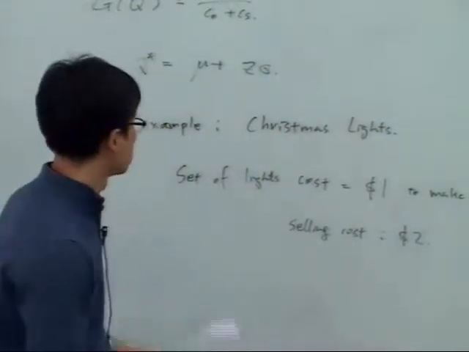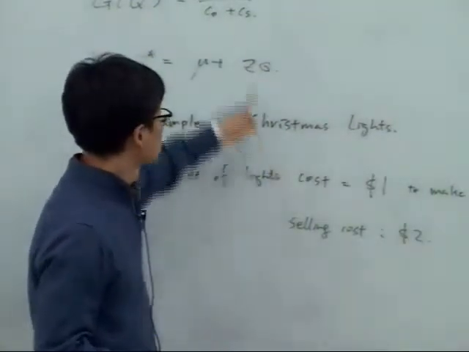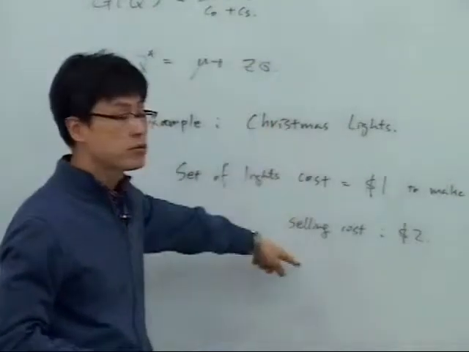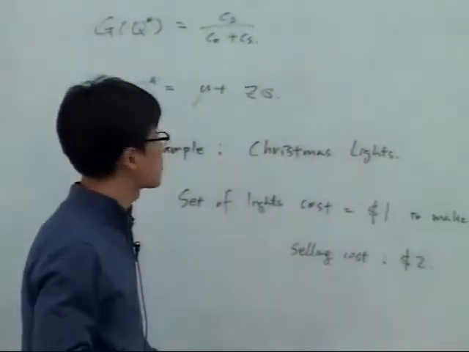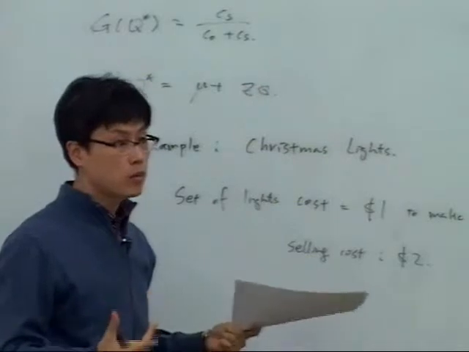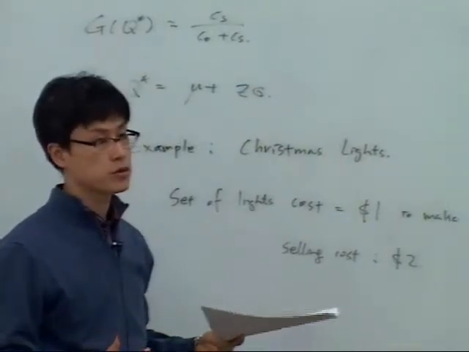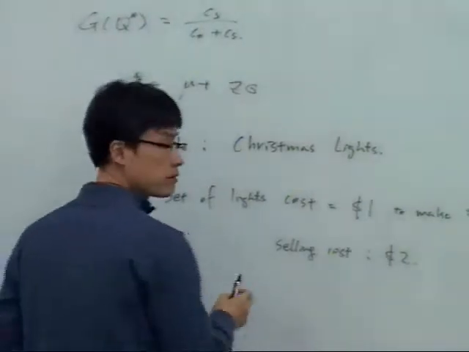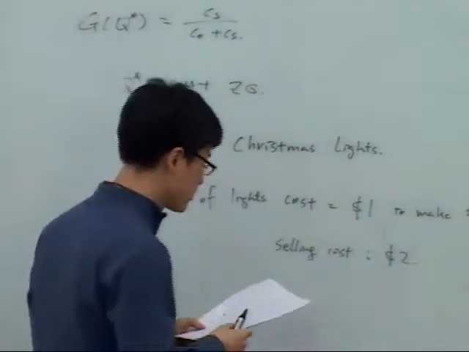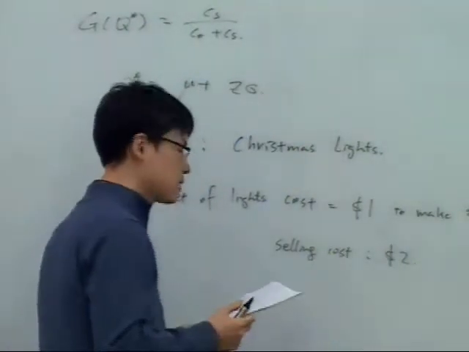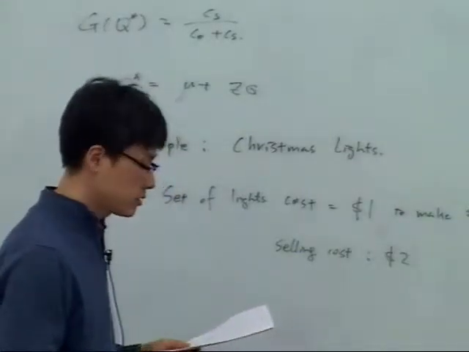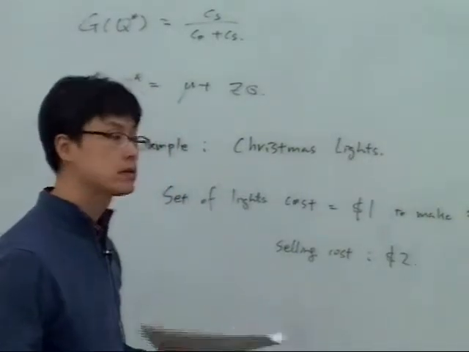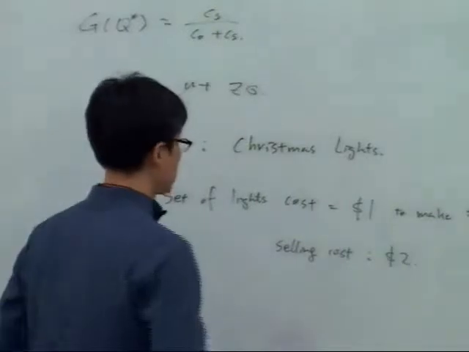Okay, the other thing. Can you guess what the cost of overage or shortage would be based on that? This is not enough information, so one more piece of information: any set not sold by Christmas Day will be discounted to half.